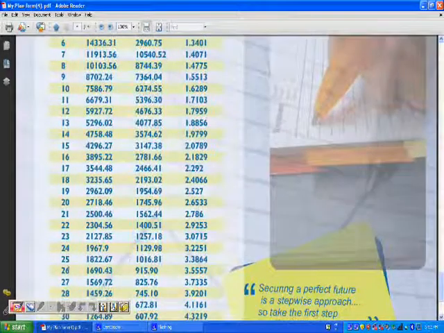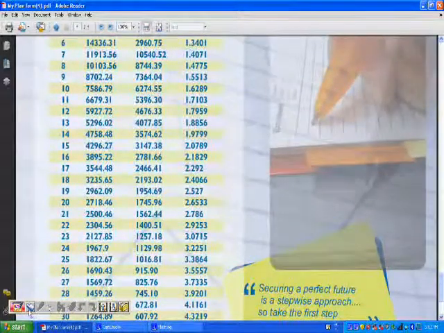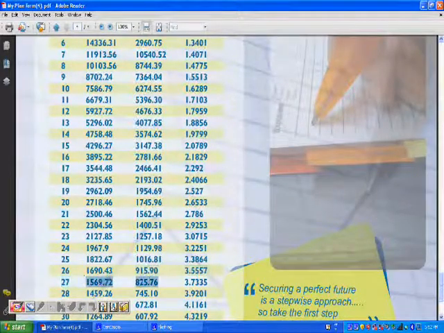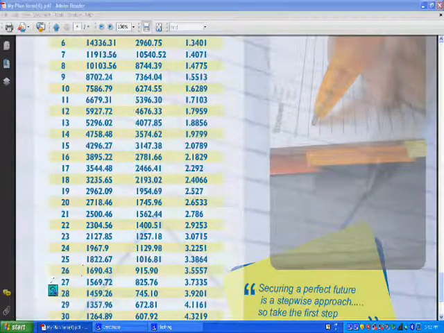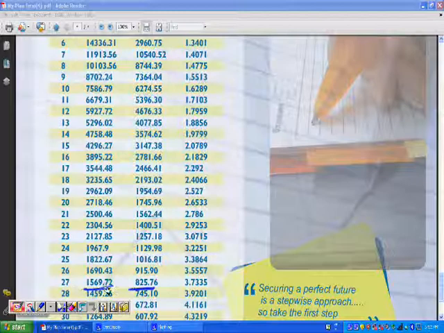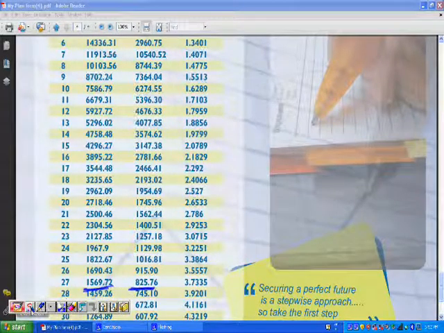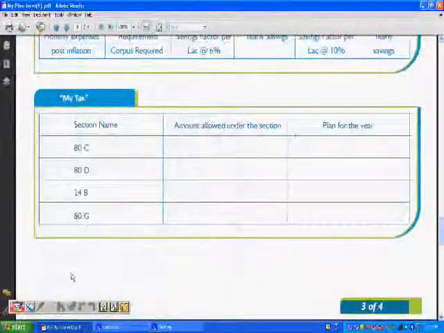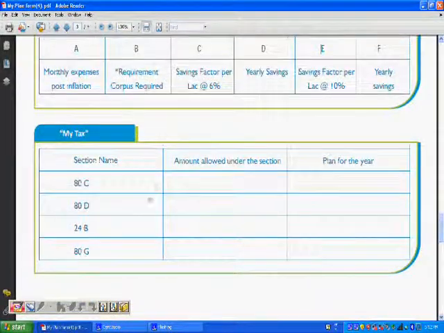The per lakh figures, if you remember, right? So in our case, the per lakh figures are 1569 and 825. We take these figures back for our calculation purposes, and we'll be able to come out with the yearly savings.